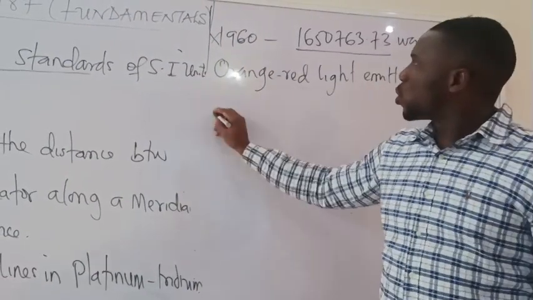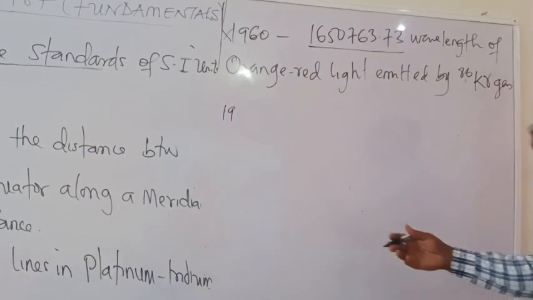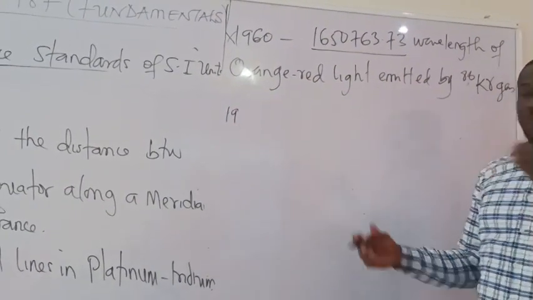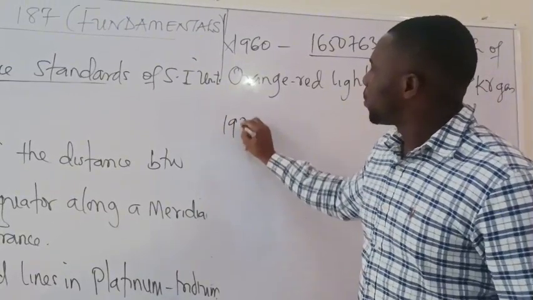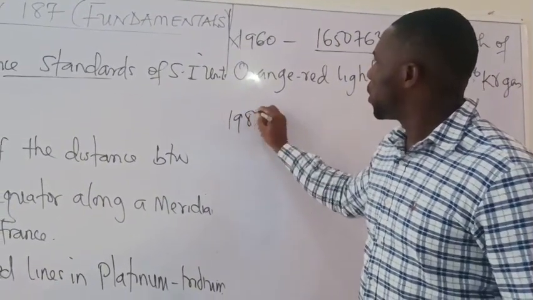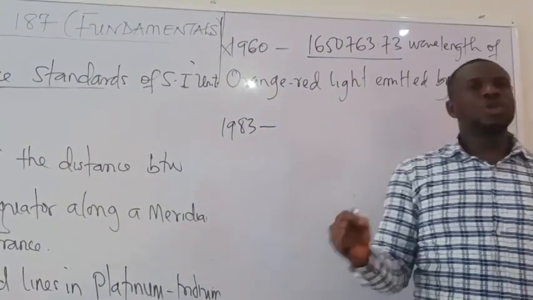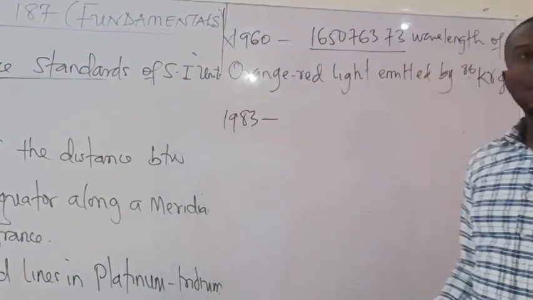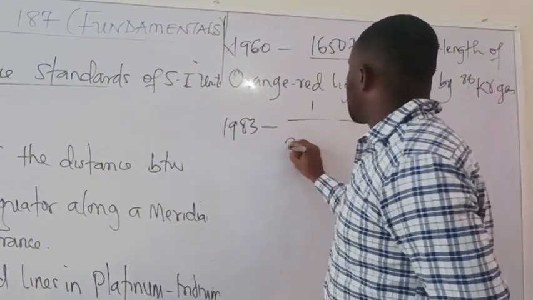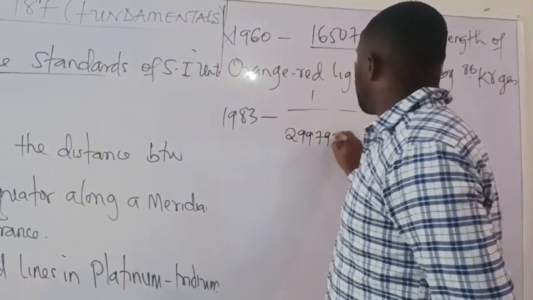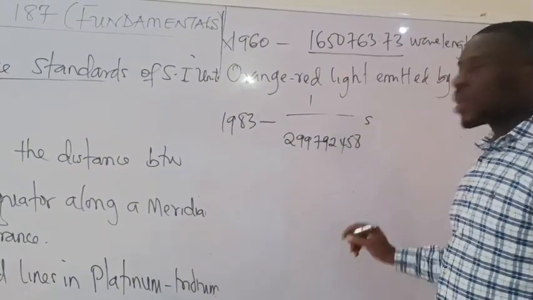Then fast forward to 1967, the speed of light in a vacuum was actually gotten. And in 1983, the officially most precise, reproducible, accessible standard for the meter happened to be the interval of time, which is 1/299,792,458 of a second.